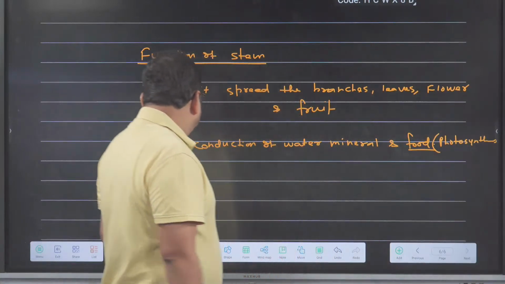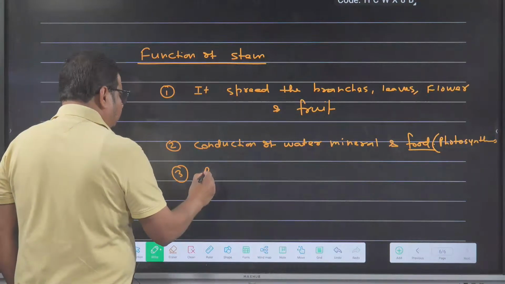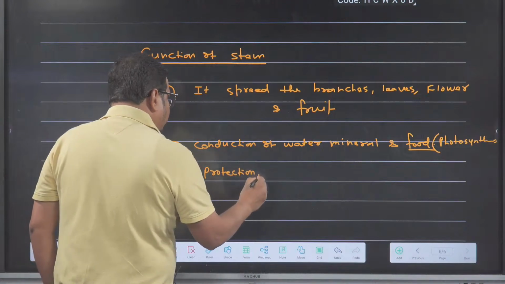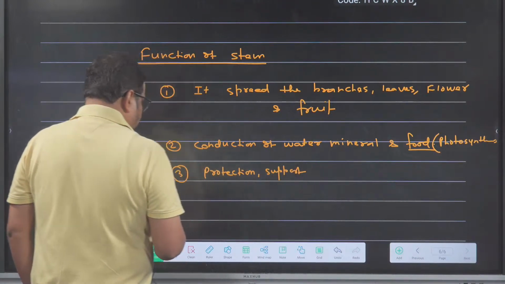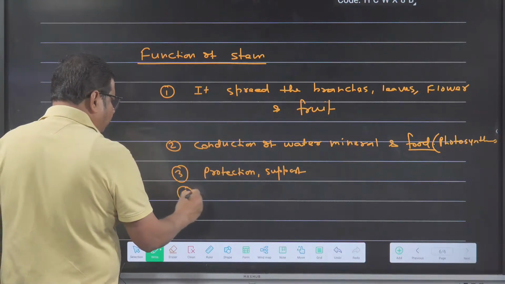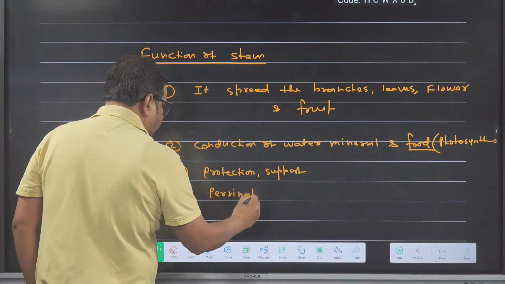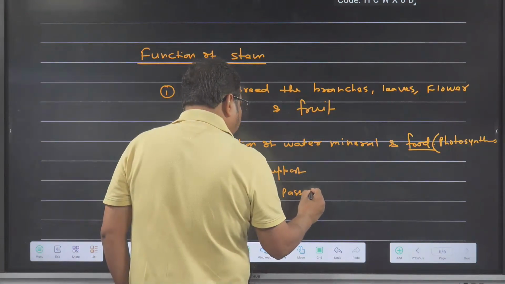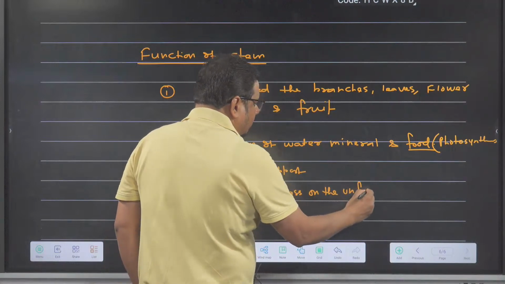Now, third function of a stem I am writing: it may have role in protection, it may have role in support. Got the idea? Another function: it may have role in perennation. Perennation means to pass on the unfavorable condition.